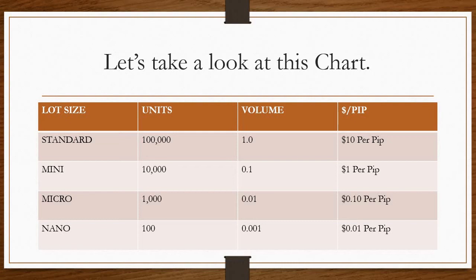Okay, so if you have a very big leverage, like 1 to 1,000, you can now begin to say, I have $100. I want to use one standard lot because one standard lot is $10 per pip. So for every pip the market moves in your favor, you're making $10. So imagine now that you are able to drive the market all the way to 20 pips or all the way to 30 pips.